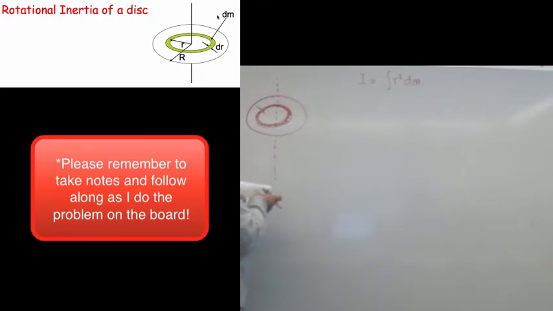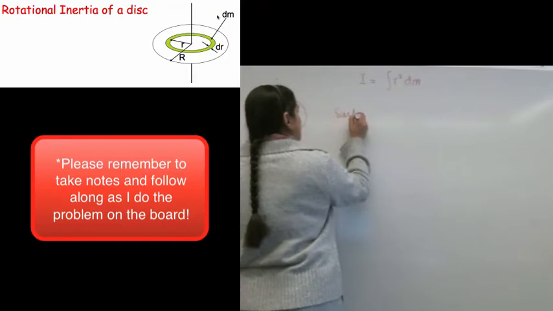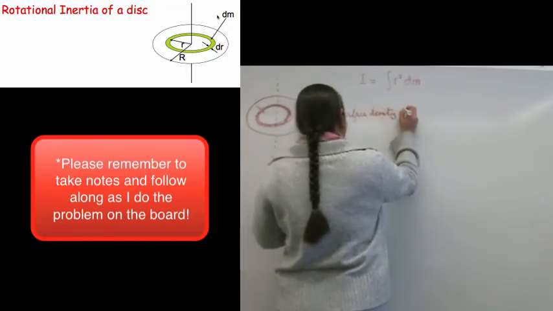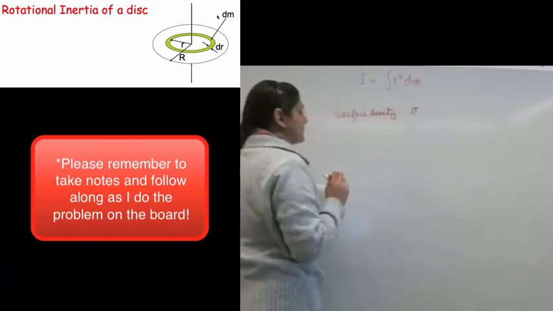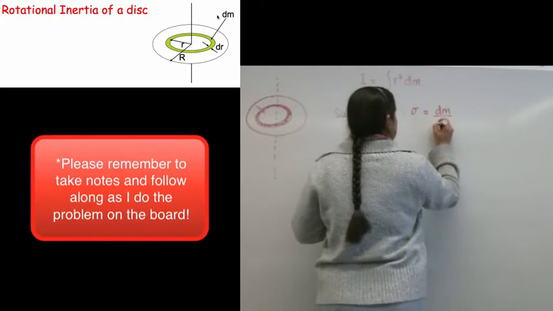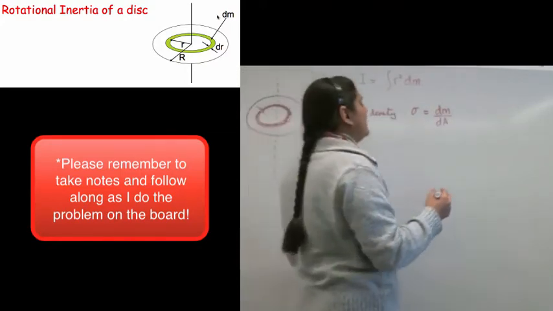So in this case, instead of talking about the linear density, we are going to talk about the surface density, sigma. Sigma is equal to dm over dA, instead of over dl or dx as we had before.